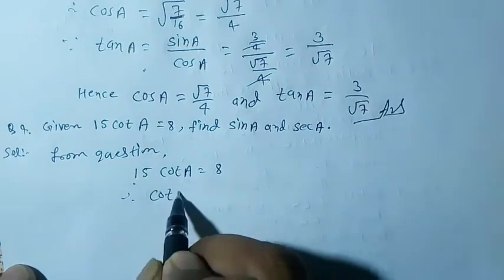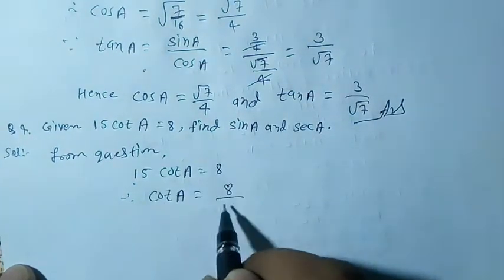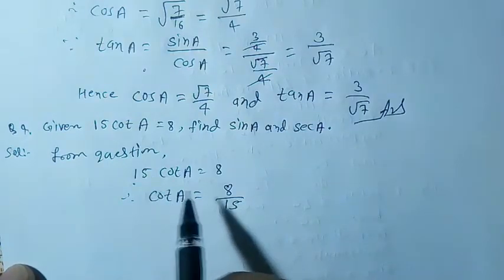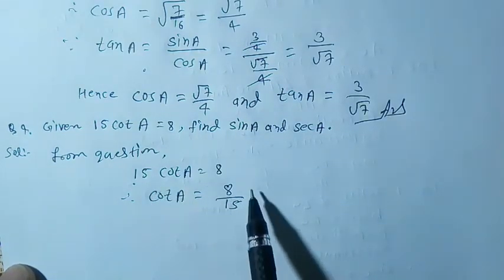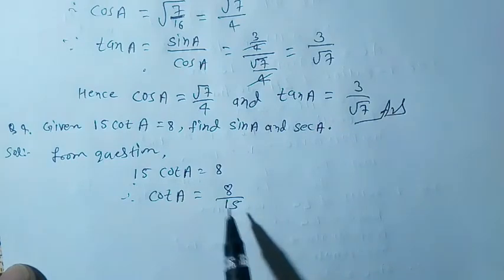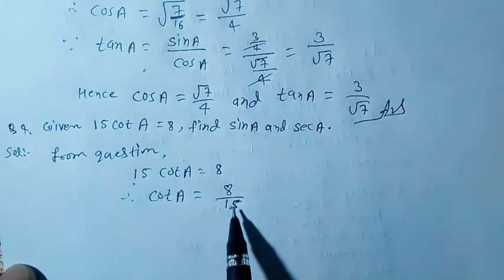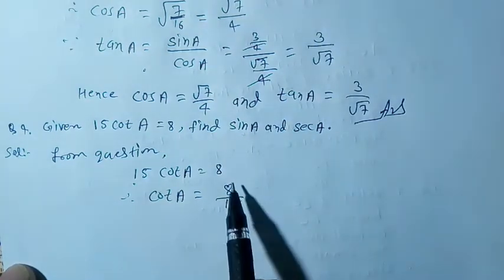Therefore, cot A is equal to 8 by 15, because 15 is multiplied here, so it goes to the other side and divides, so 8 is divided by 15.